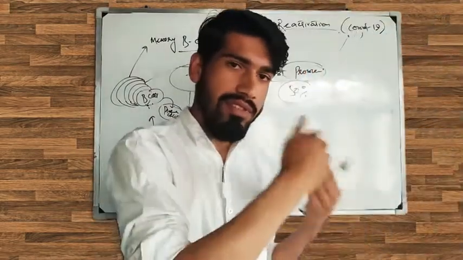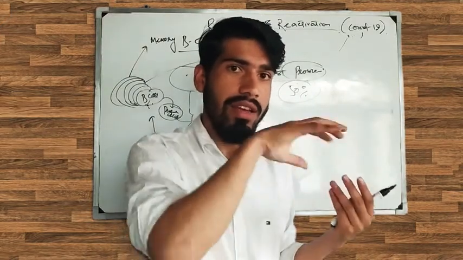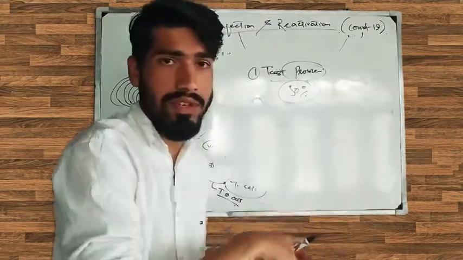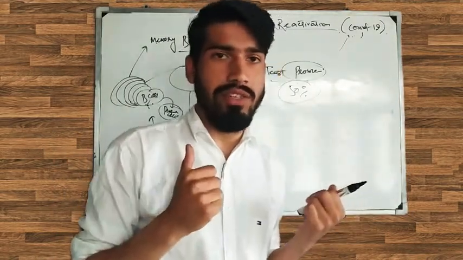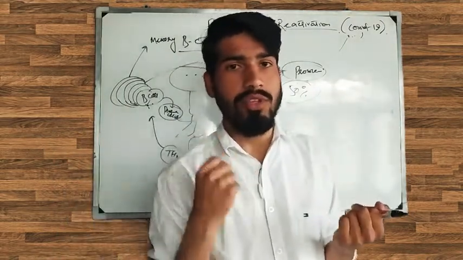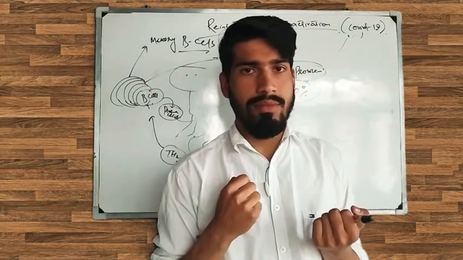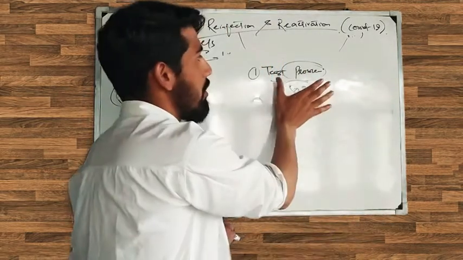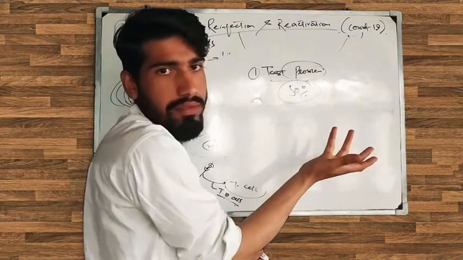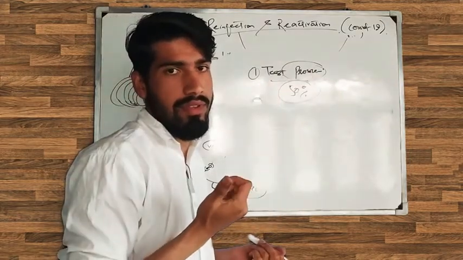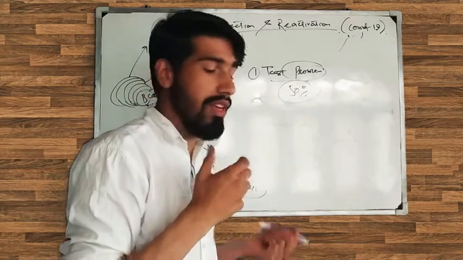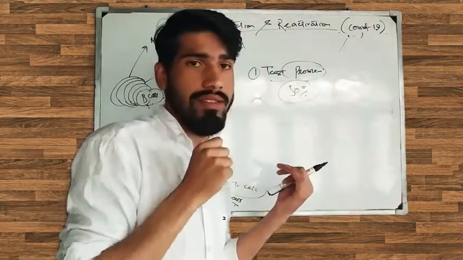And when the same person comes again, the new tests have very high sensitivity, and they show the person is positive. So there is one problem, that we can say there is a test problem. They finally detect that the person is positive.